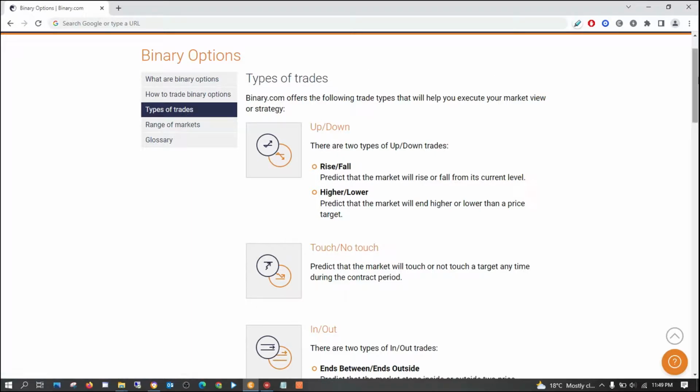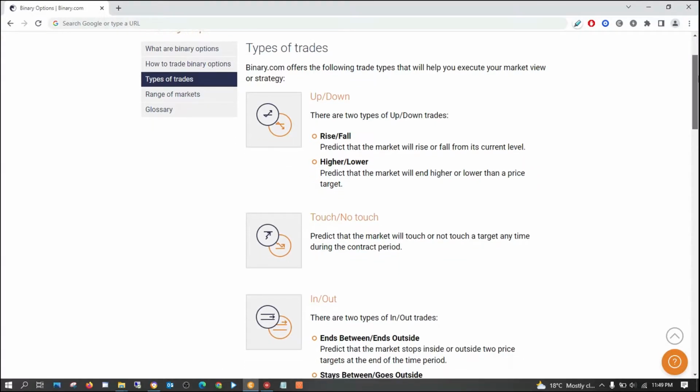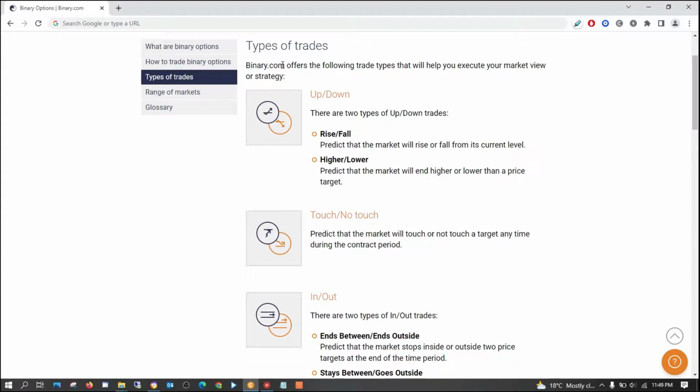So the first: binary.com offers the following trade types that will help you execute your market view or strategy. The first one is up and down. So what is an up and down type of trade on binary.com?